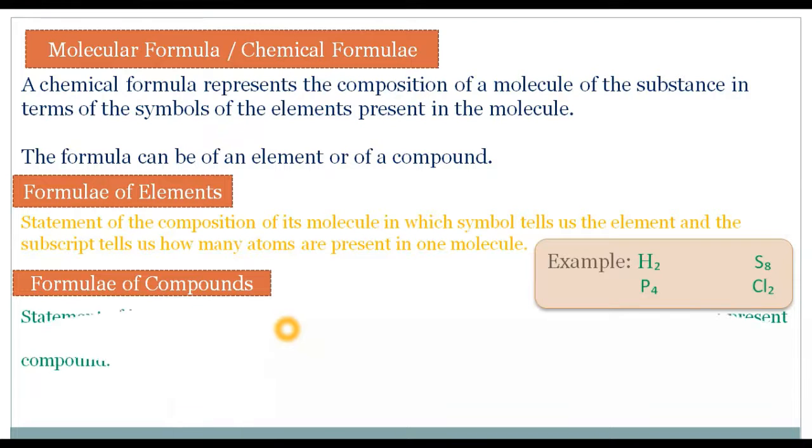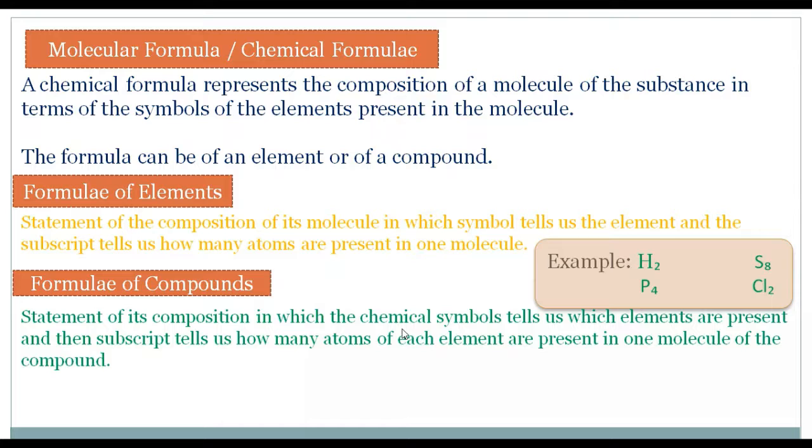Again, it is a statement of the composition in which the chemical symbols tell us which elements are present, and the subscript tells us how many atoms of each element are present in one molecule of the compound. Again, we have to look at the elements present in the compound, write down the symbols for them, then look at how many atoms of each element are present, and that number should be written in the subscript.